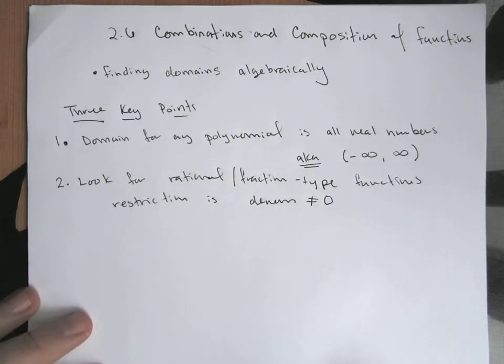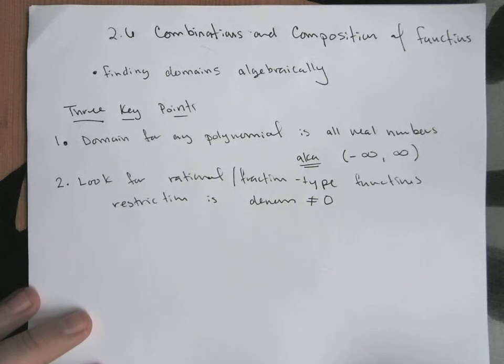So if we're talking about the domain, if we have any kind of a rational type function where there's some sort of formula, some sort of variables in the denominator, in the bottom of a fraction, we need to make sure that we don't include any x values that make the denominator 0.